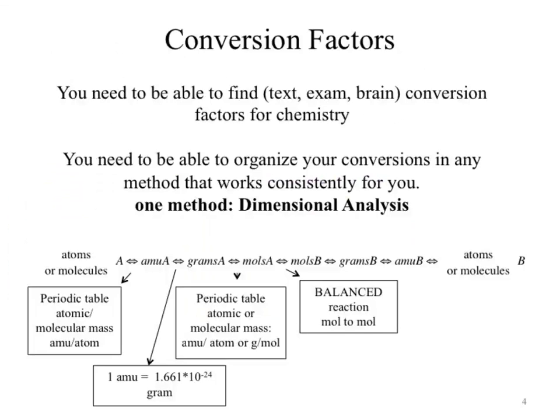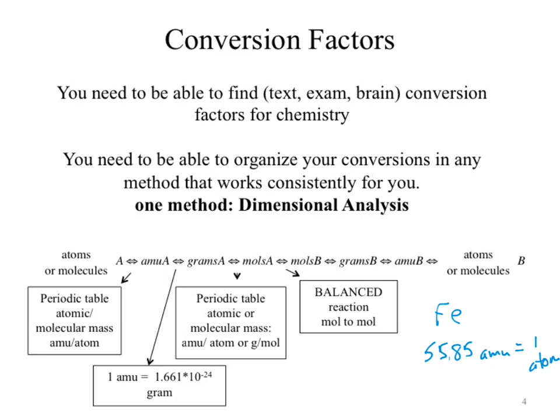Okay? So a single atom of iron is 55.85 AMUs. So what we've done is said for iron that 55.85 atomic mass units equals one, sorry I ran out of space, atom.